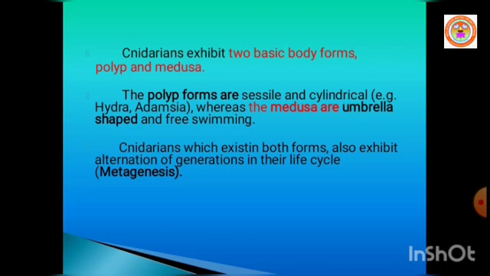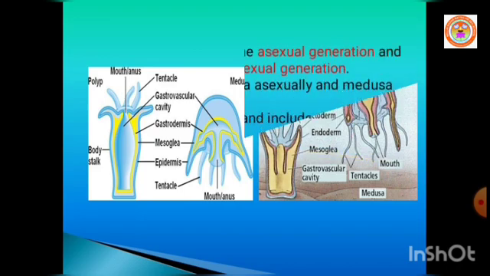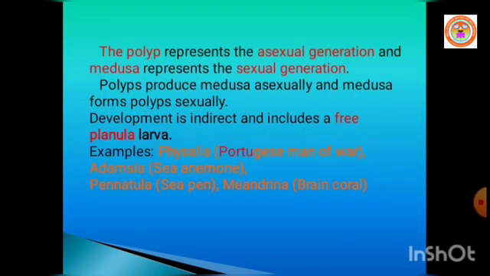Cnidarians which exist in both forms, polyp as well as medusa, also exhibit alternation of generations in their life, called metagenesis. Dear students, the polyp form in Cnidaria represents the asexual generation, and the medusa represents the sexual generation.